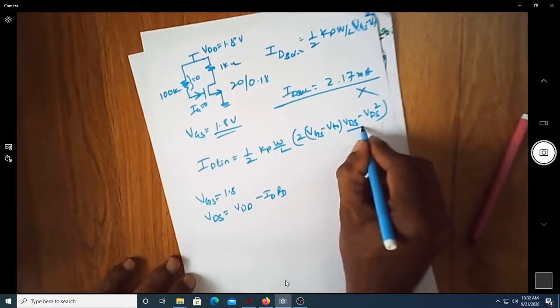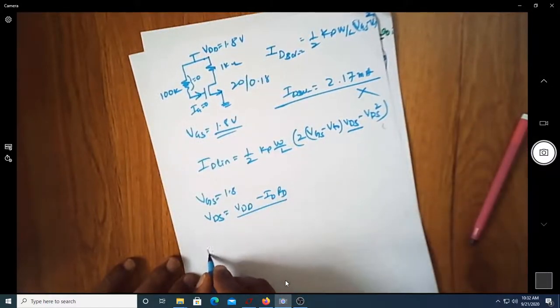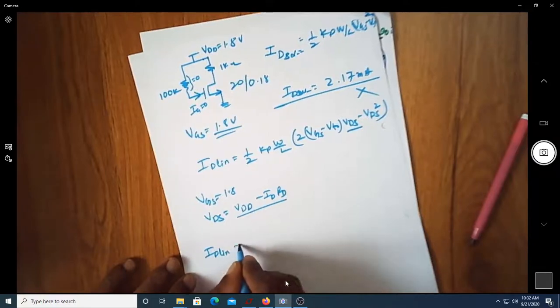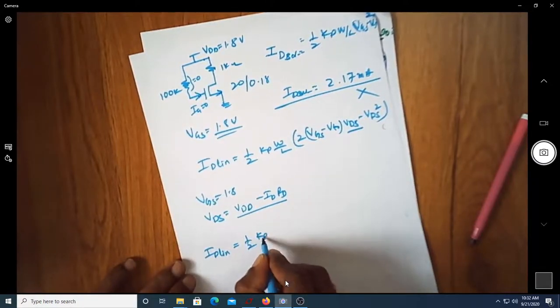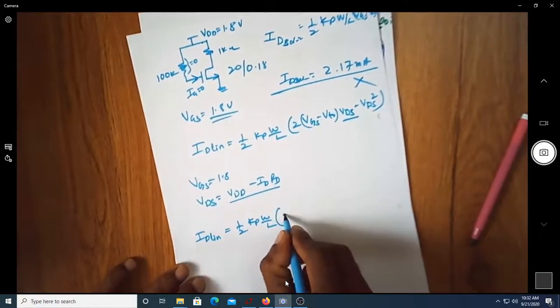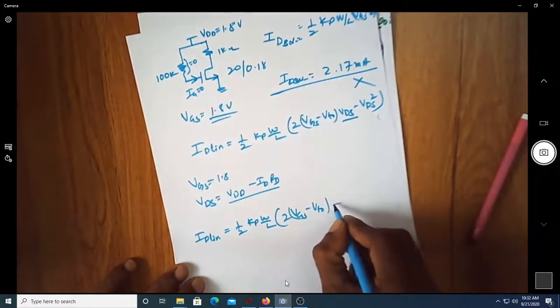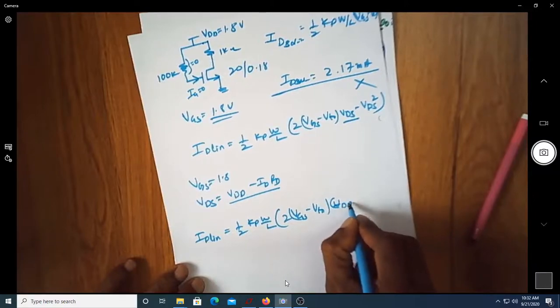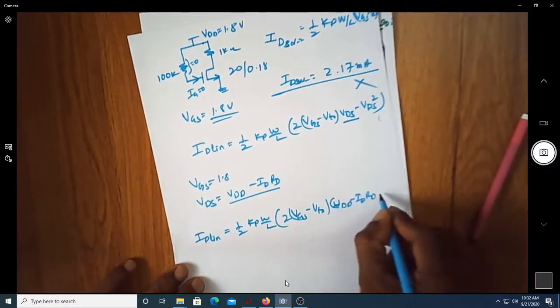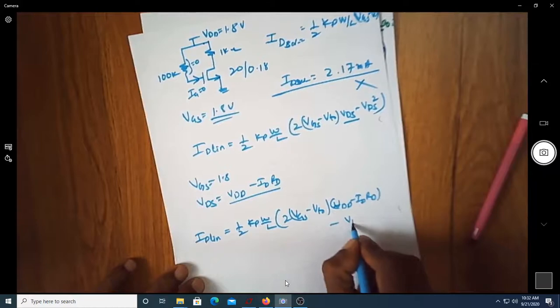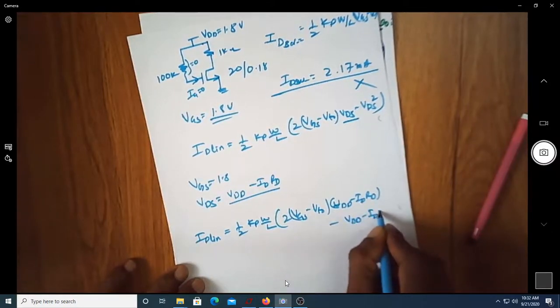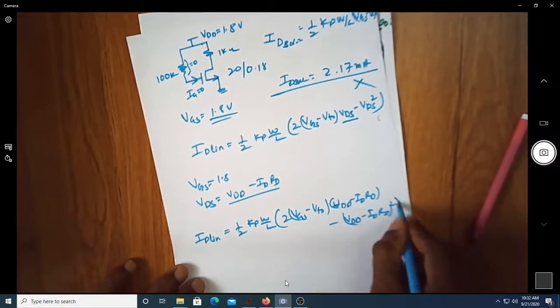So you substitute wherever VDS is there by this. So we will end up with ID linear is equal to half Kp W by L 2 times VGS minus VTO, into VDD minus ID into RD, minus VDD minus ID into RD whole square, close the parenthesis.